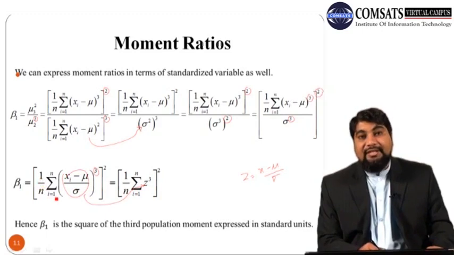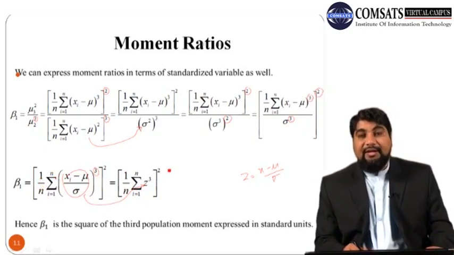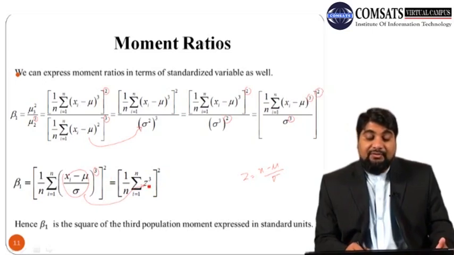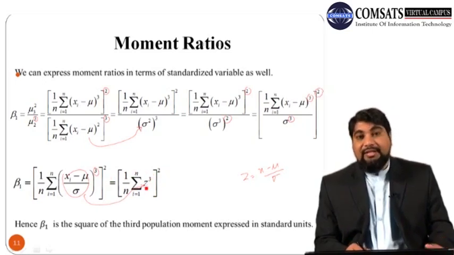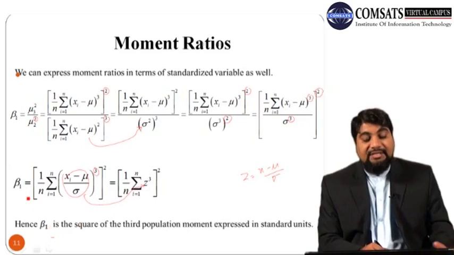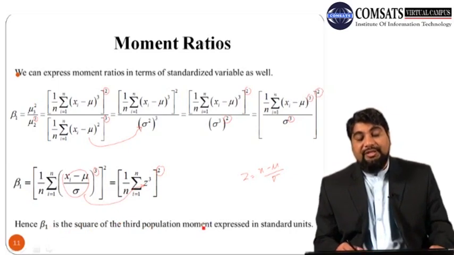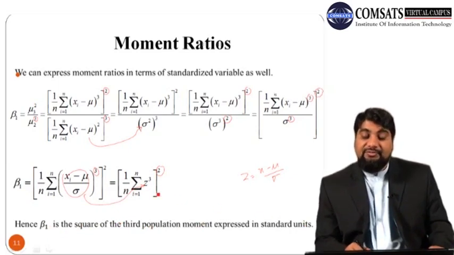So we get 1 over n as it is, summation 1 to n, this z cube and whole square. So look at this expression, 1 over n summation z cube, it is the third moment. So hence we can say that this beta 1 is the square of the third population moment expressed in standard unit.